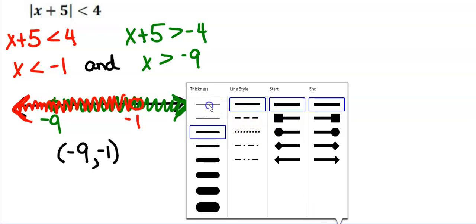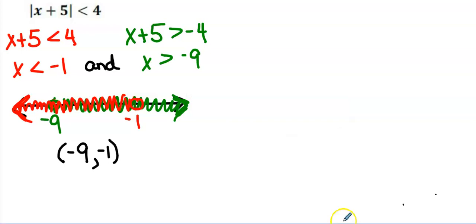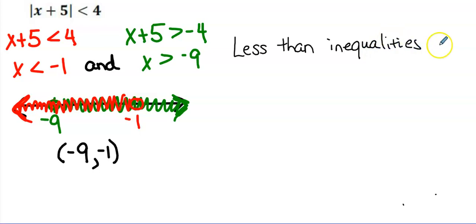So what I also want to make a note of here somewhere, you can do this somewhere in that little block, is that with less than inequalities, the graphs on the number line will overlap. But your solution set is just the overlap part.